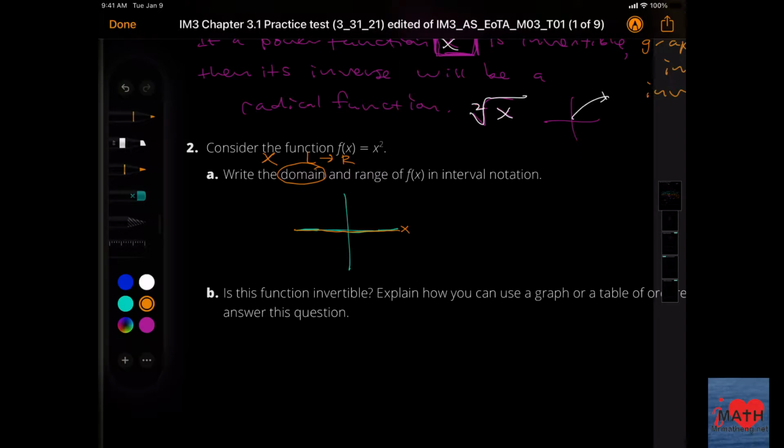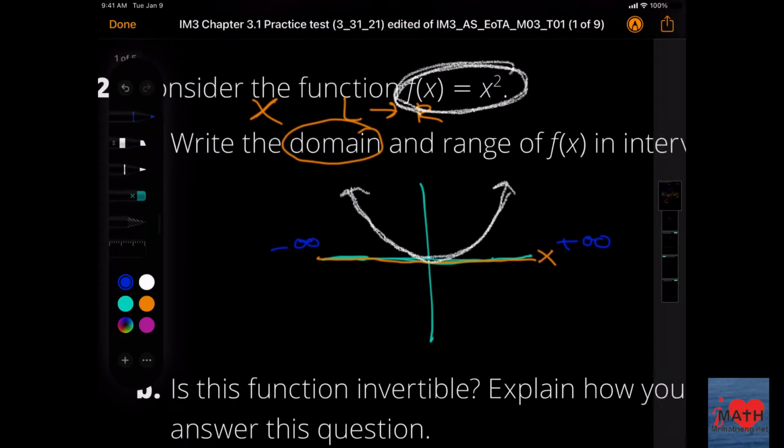The parabola looks like this. That's my graph, f of x equals x squared. Some hints you can write on here: negative infinity to positive infinity.